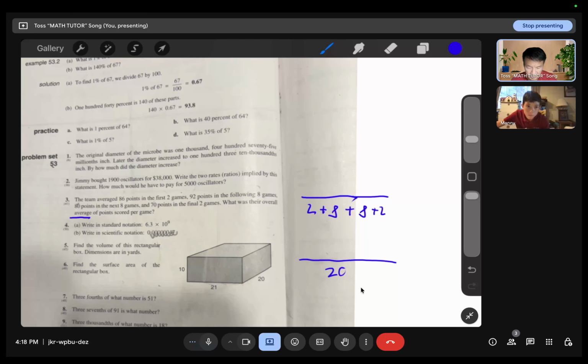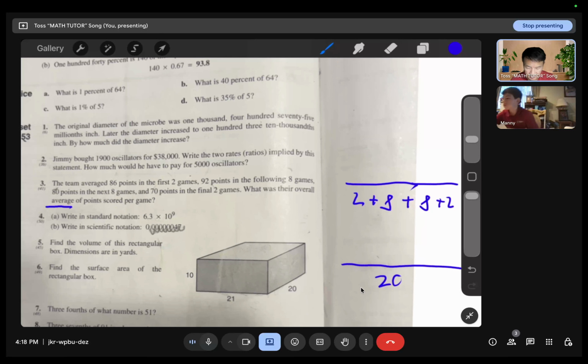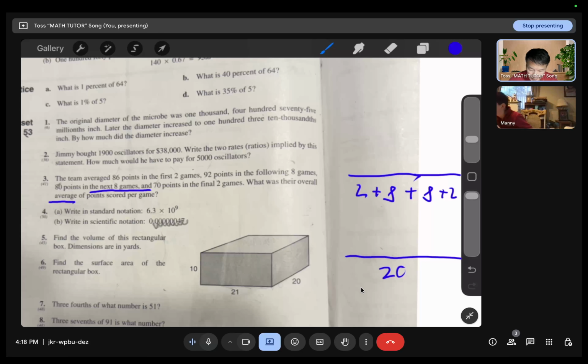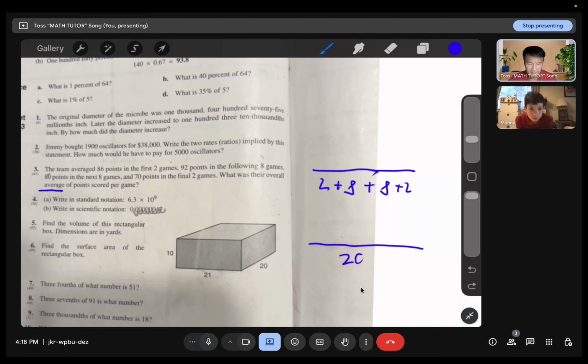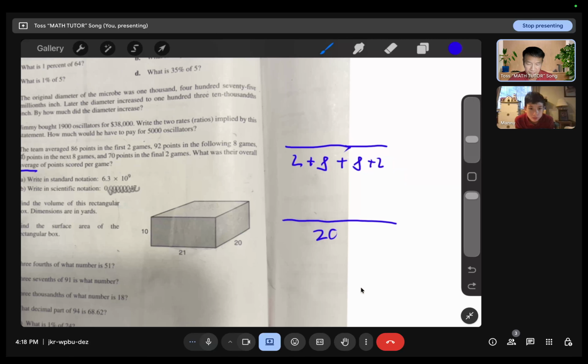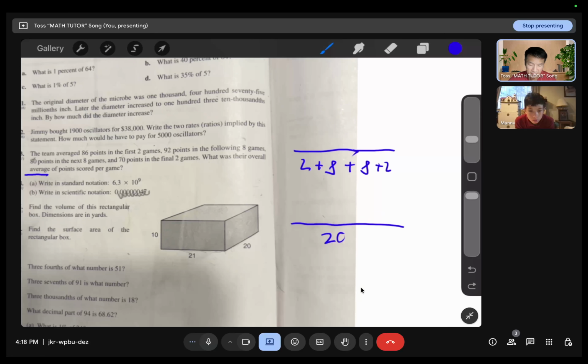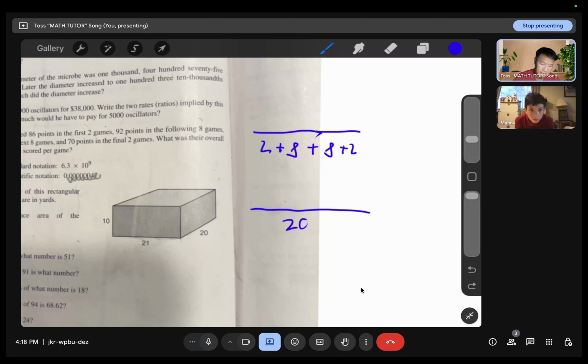See the key unit here carefully. Look, points scored per game, meaning it's points per game. How do you get it per game? The unit on the bottom is the number of games. So I'll put games here. Now it becomes 20 games.